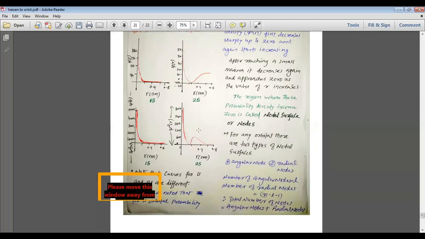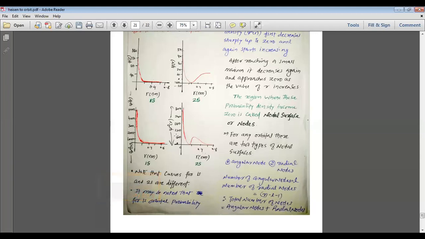In the same way, for the 2s orbital, you can see that psi r is very high initially when the electron is near the nucleus, but then it goes to a minimum, and then, going away from the nucleus, it increases and continues like that.